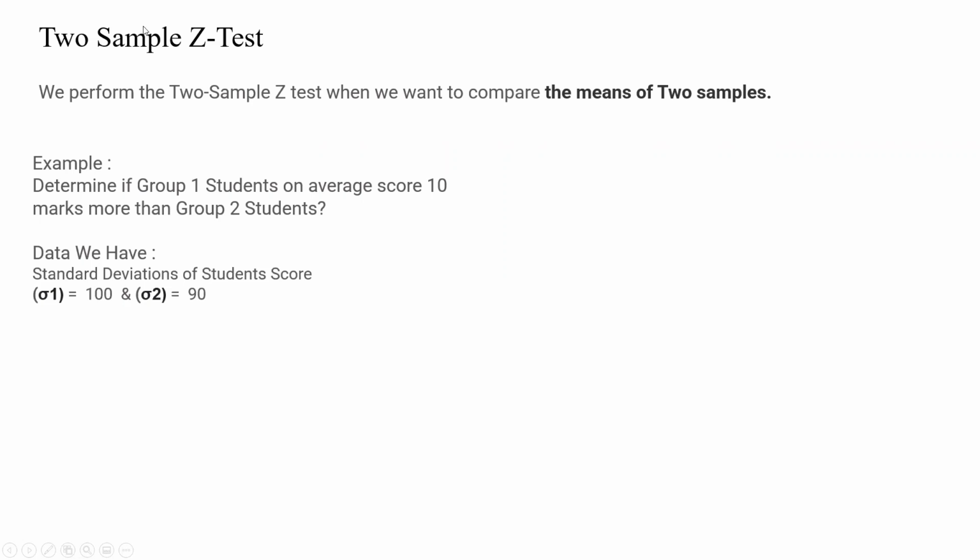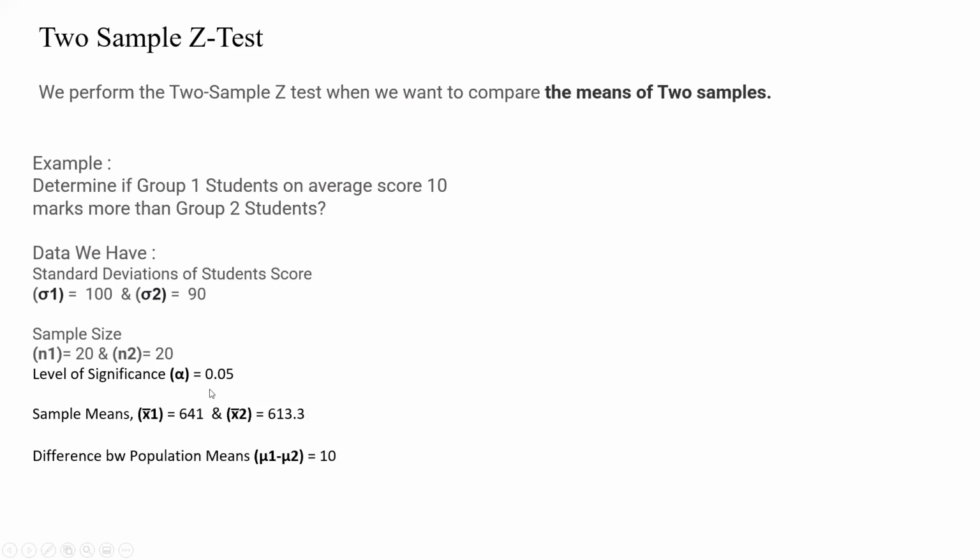Obviously for Z-test we need to know standard deviations, so we get standard deviation for both groups, group 1 and group 2, and we take a sample of 20 from both the groups, and we keep the level of significance the same, 0.05. We get the sample means as well, 641 for the first group and 613 for the second group.